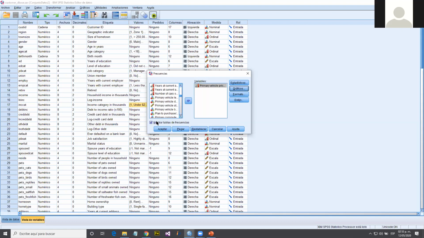This one is very, very important, because that way you are going to be showing the frequencies that it was asking. So we unselect that one unless they're asking for a frequency table.